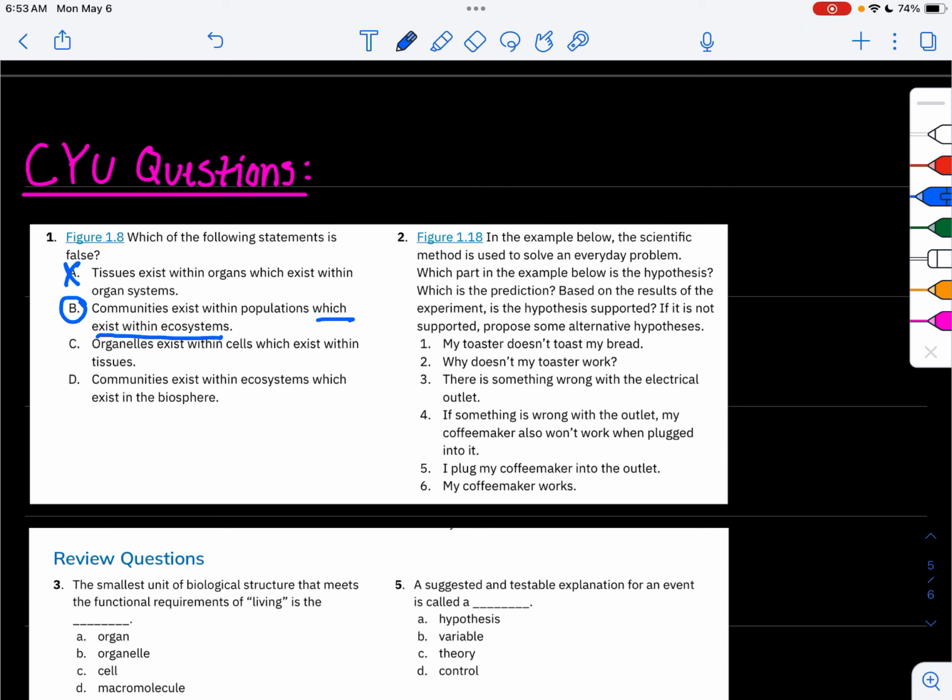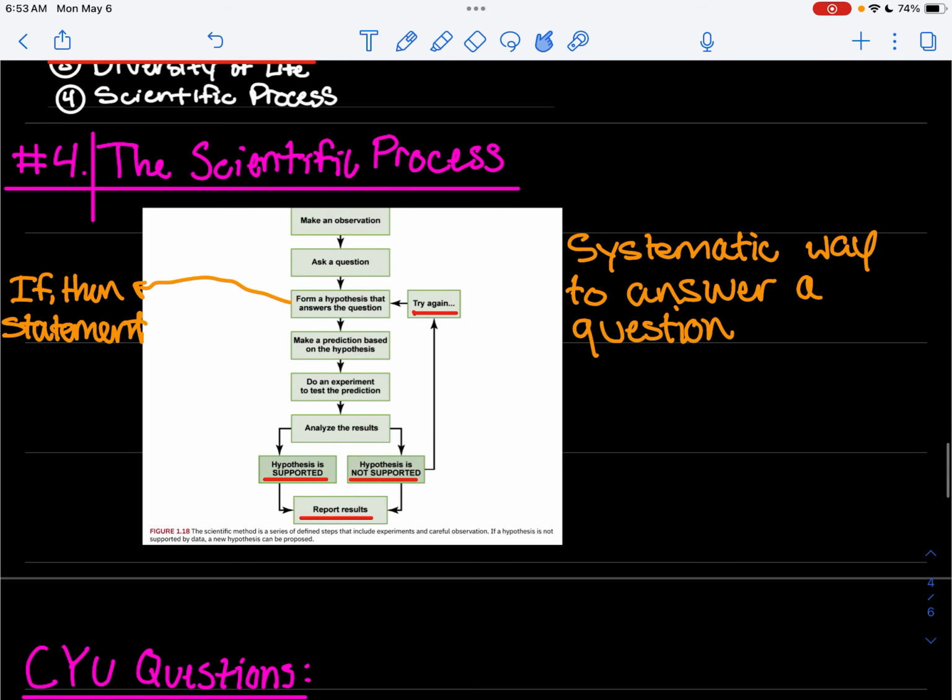Okay, and number 2, figure 1.18. In this example below, the scientific method is used to solve an everyday problem. Which part in the example below is the hypothesis? Which is the prediction? Based on the results of the experiment, is the hypothesis supported? If it is not supported, propose some alternative hypothesis. Figure 1.18 is this figure right here of the scientific process or the scientific method.